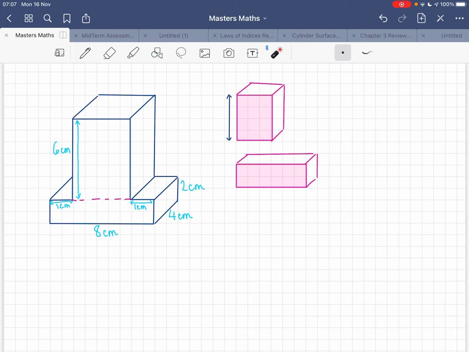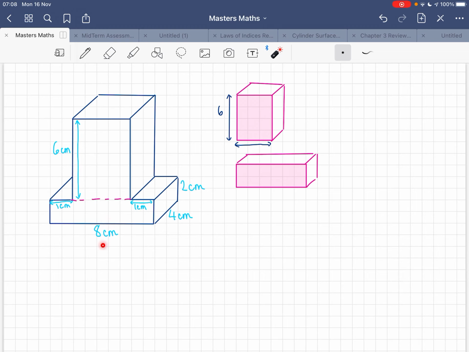So the height of this one, we can see from the diagram, is 6. The width of it, we need to work out. Okay, so on this diagram, the longest length on the shape is 8, and we know these little ones are 1.